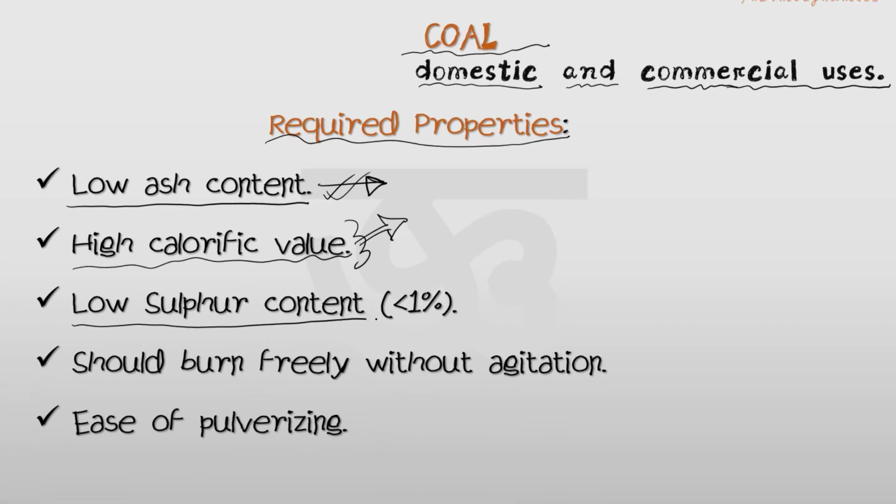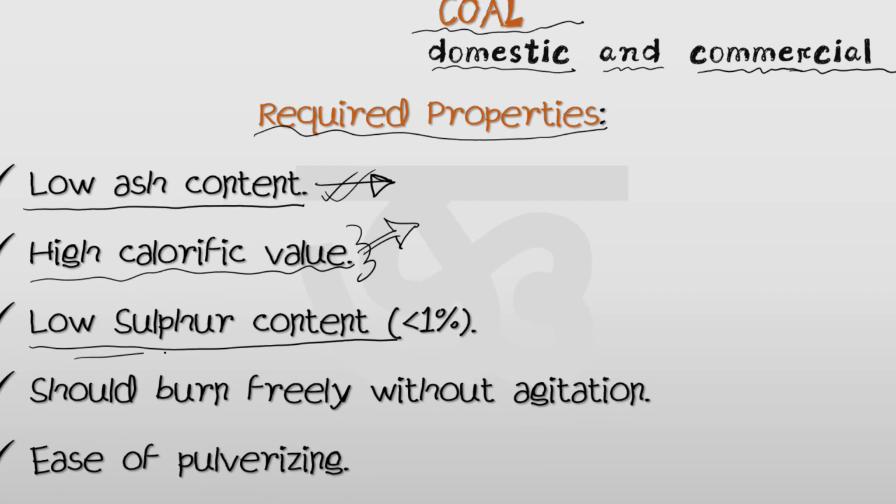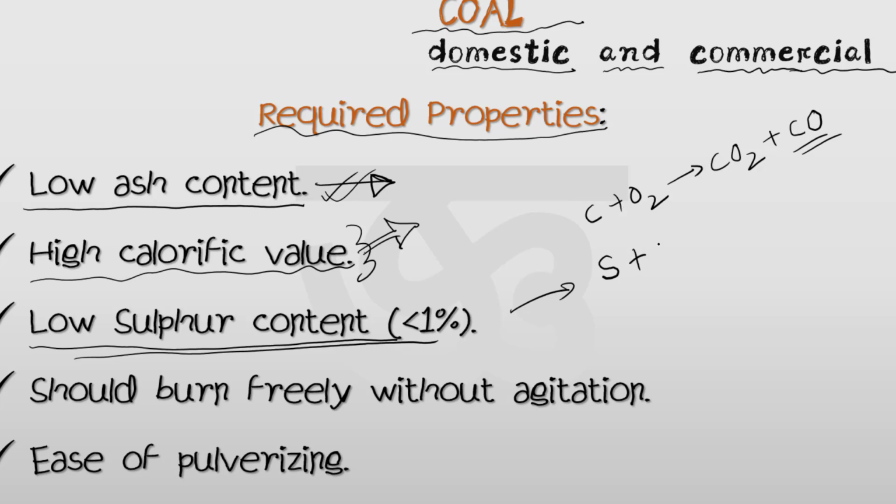Then low sulfur content. If we burn coal, it will produce what? If it combines with oxygen, it will produce carbon dioxide. Also, if the amount of oxygen is less, it may produce carbon monoxide. Then, if the same coal contains some sulfur, the sulfur will also be oxidized and form sulfur dioxide.